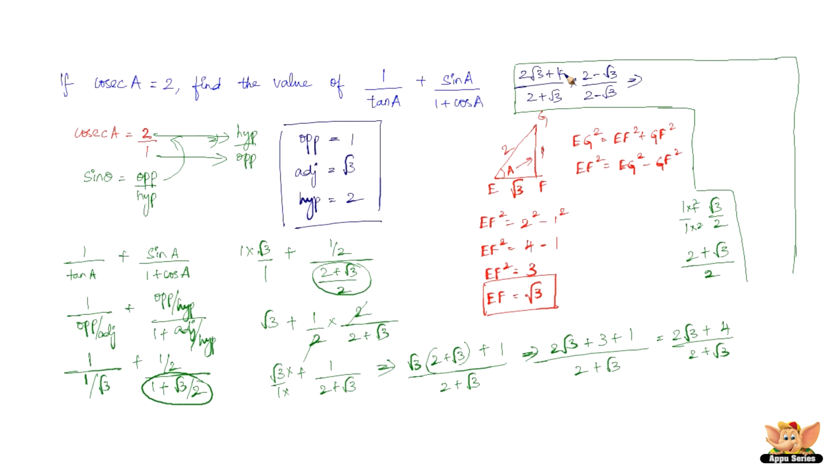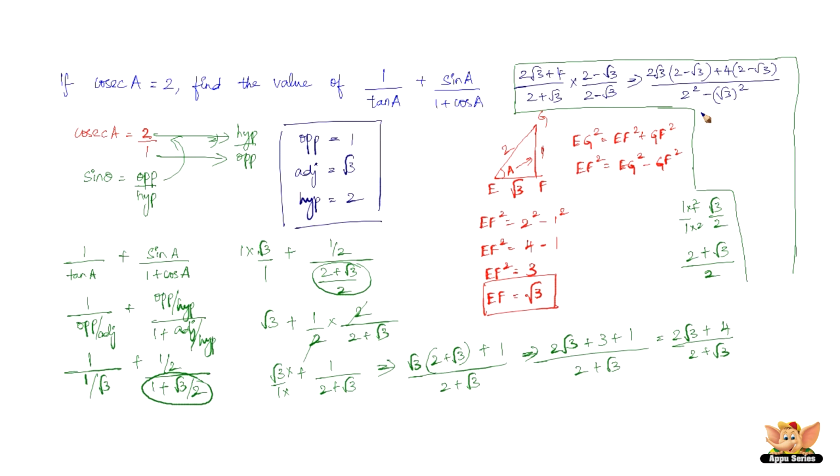So now we just need to multiply this. So we've got 2 root 3 into 2 minus root 3 plus 4 into 2 minus root 3 divided by, this is a plus b into a minus b, so that is a square minus b square. So that's going to be 2 square minus root 3 the whole square.